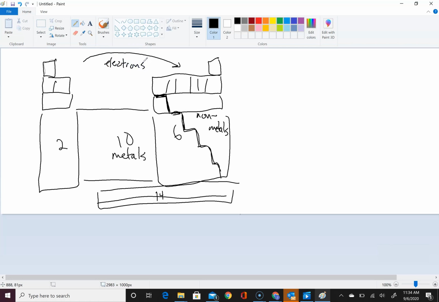Okay, so that if I have a metal and a nonmetal that are going to bond, or they're going to interact, the metal is going to give up electrons, one or more electrons, to the nonmetal. So sodium, for example, would give up its one outer shell electron to chlorine. And we're going to call that an ionic bond, because when I give up an electron, the metal forms a positive charge and the nonmetal forms a negative charge.